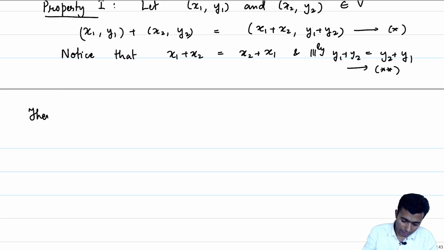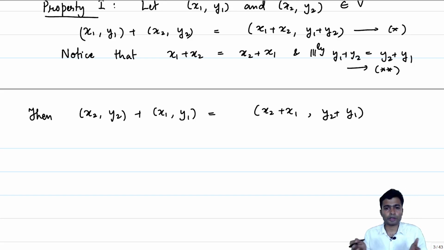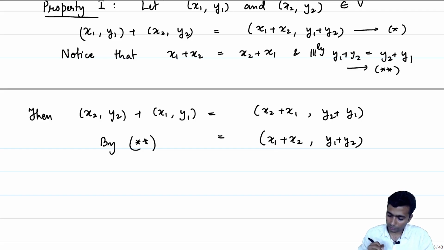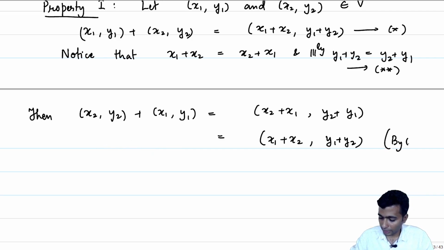Then what is x2, y2 plus x1, y1? This again by component wise addition is just going to be x2 plus x1 comma y2 plus y1, just component wise addition. And by star star, this is equal to x1 plus x2, y1 plus y2, right. So, let me write this by star star here. And what is this?